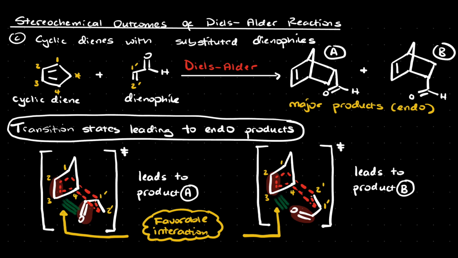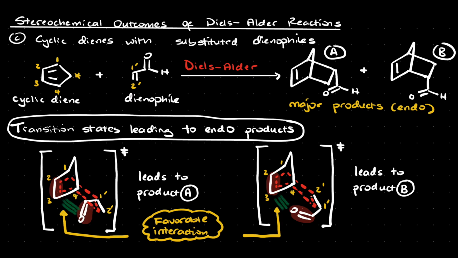Okay, and so whenever you need to predict the major product and stereochemical outcomes for Diels-Alder reactions between cyclic dienes and their substituted dienophiles, you really want to be careful about ensuring that you are depicting the endo product in this reaction and not the exo product for the major product of this reaction.